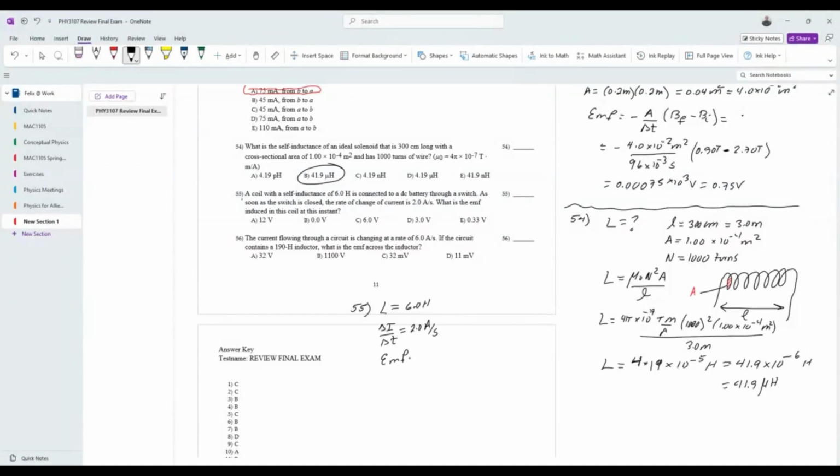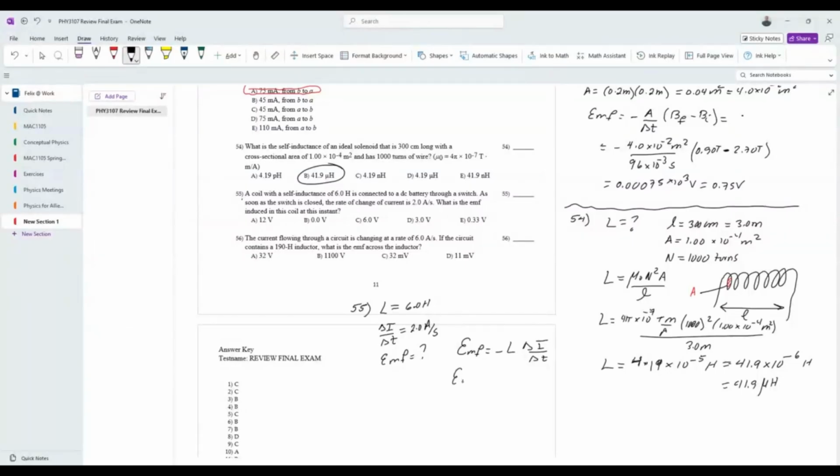They ask you now what is the electromotive force. For circuits with inductors, the electromotive force is minus L delta I over delta T. Again, minus L, because this induced electromotive force opposes the changes in the magnetic field due to the inductor, and due to the variation of the current with respect to time.